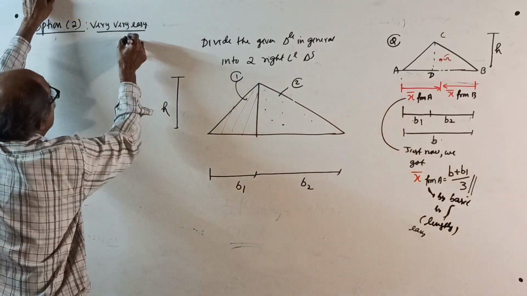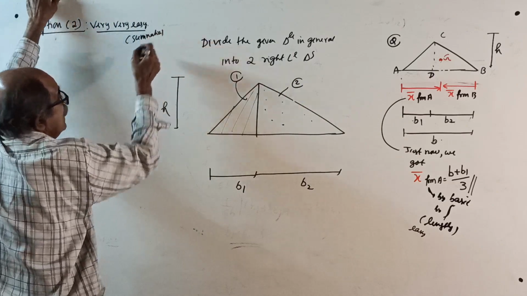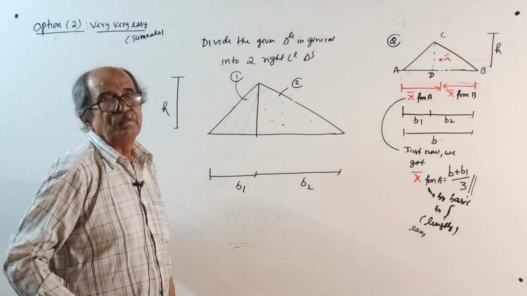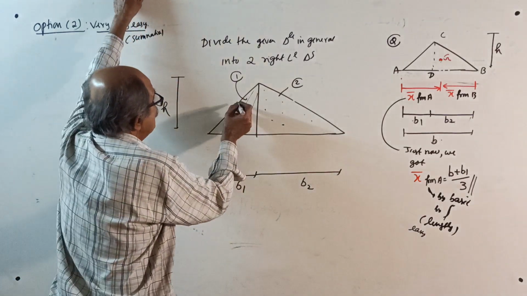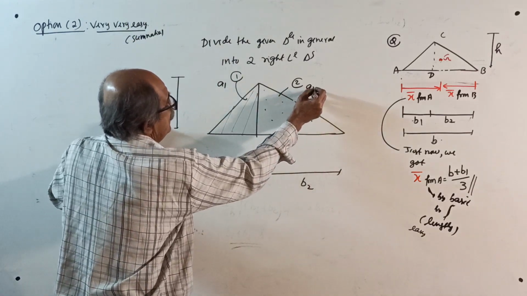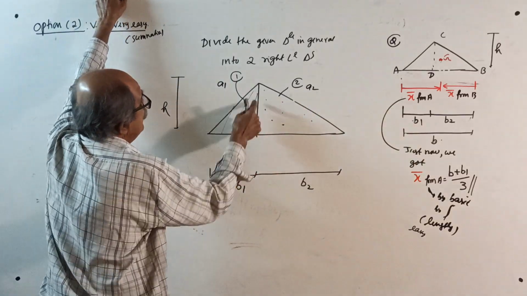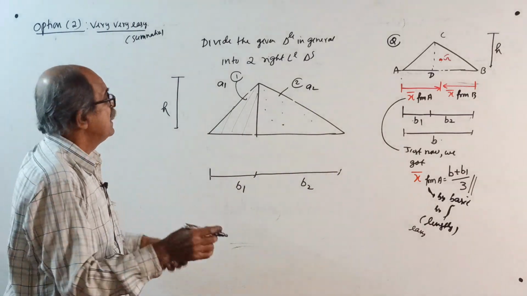We are going for the summation principle now, that summation, if you remember, A1x1, A2x2, that way. For that, this area is A1 and this area is A2. Area you can get as half into B1 into H, half into B2 into H. But you require x1, x2.